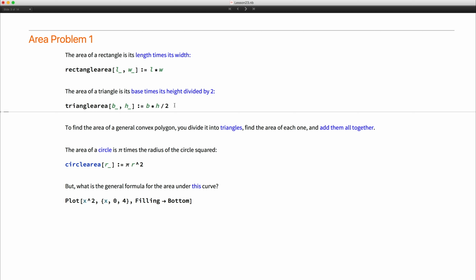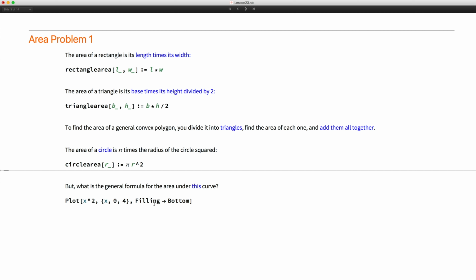But if you have a general polygon, you'd break it up into triangles, find the area of each triangle, and then add them all together. Now, the area of a circle is a bit harder because it involves the number pi, but that's straightforward to work with. So the question now is, what happens if you have a more general curve?